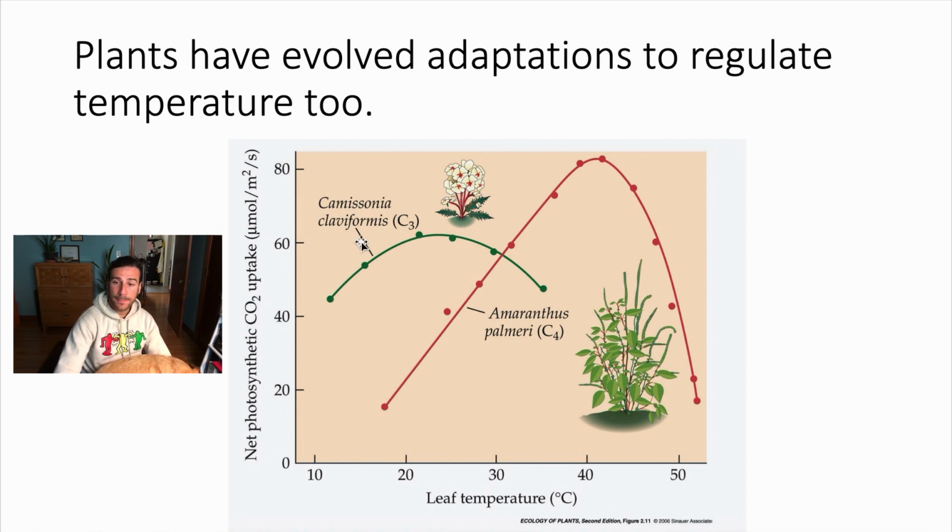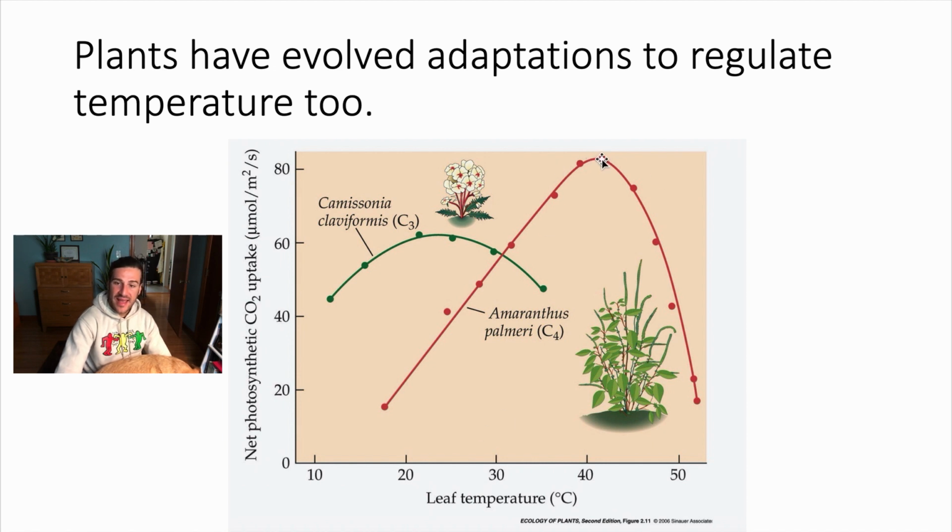This figure is not so much about C4 versus C3 plants, but I wanted for us to all realize that plants, like animals, have thermal optimums, right? At specific temperatures for each and every plant species, there is a temperature at which the organism photosynthesizes the most.